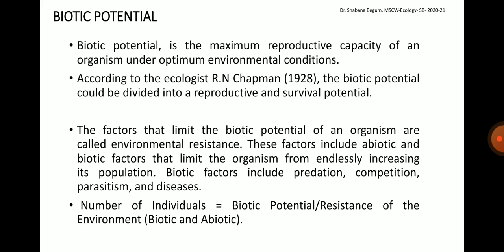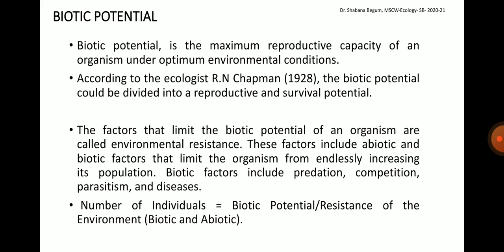Each population, as we know, has the inherent power to grow. So biotic potential can be defined as the inherent property or capacity of an organism to reproduce and increase in number. It's the maximum reproductive capacity of an organism under optimum environmental conditions.